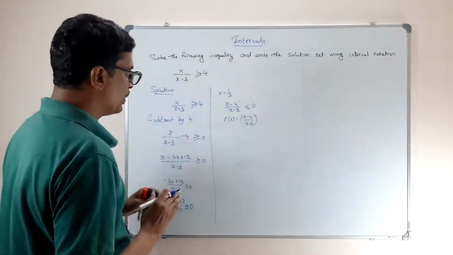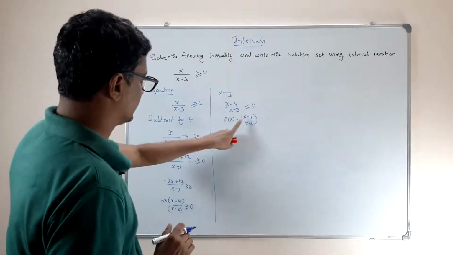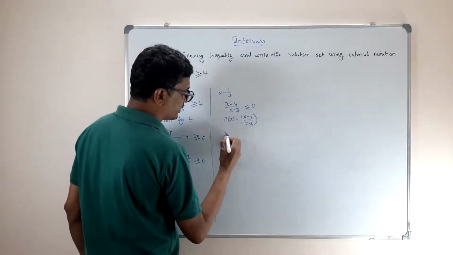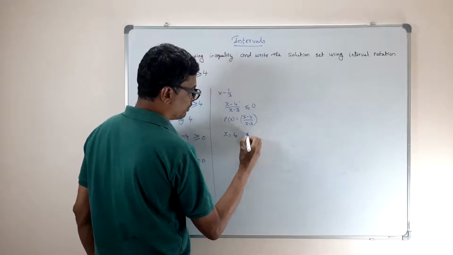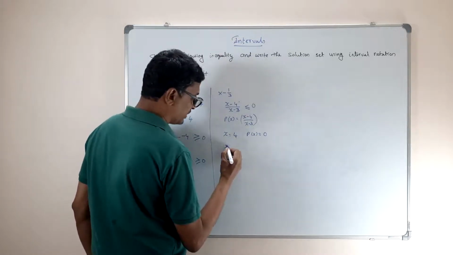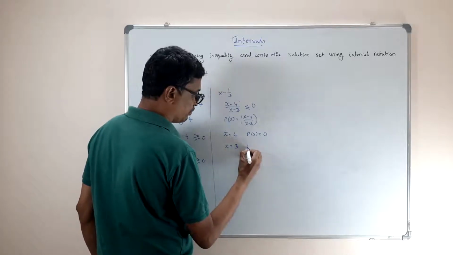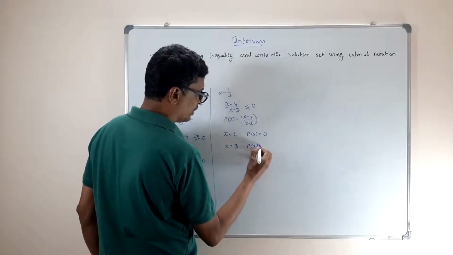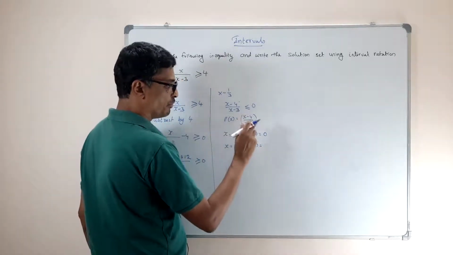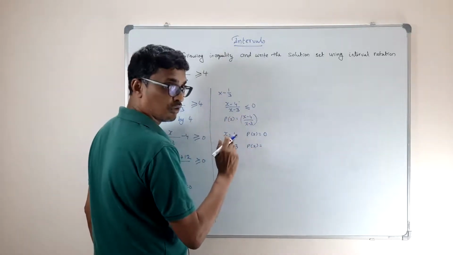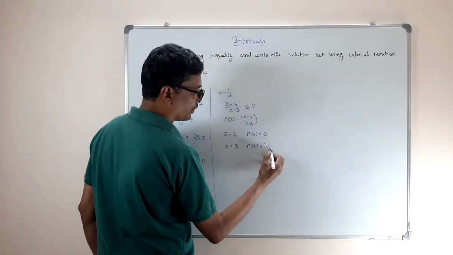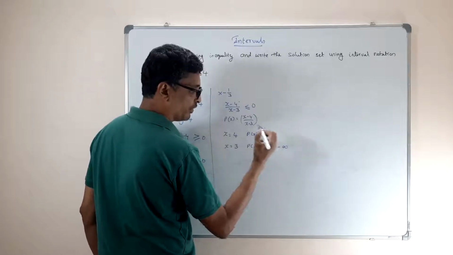Okay, so now again we can see there are two cases where it becomes 0, or undefined. When x is equal to 4, p of x will be equal to 0. When x is equal to 3, p of x is 3 minus 4, that is minus 1, divided by 0, which is minus infinity.